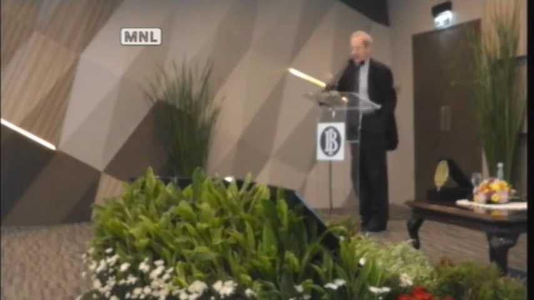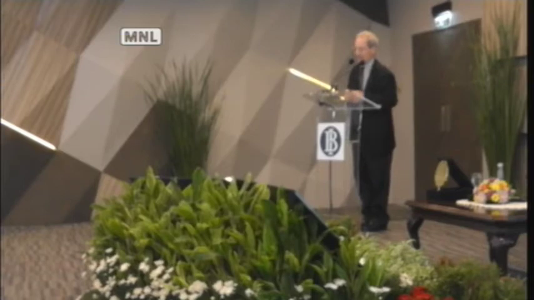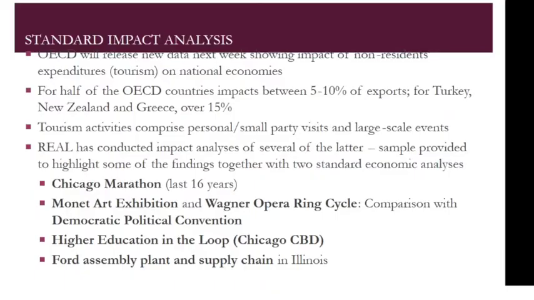Okay. So that's the standard impact analysis that we'll do. I'm going to sample without any great detail. So standard impact analysis, and then I'm going to focus a little bit on how we address impacts of events which are not forecastable, unexpected events.